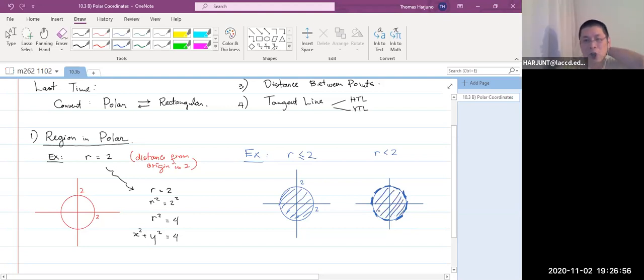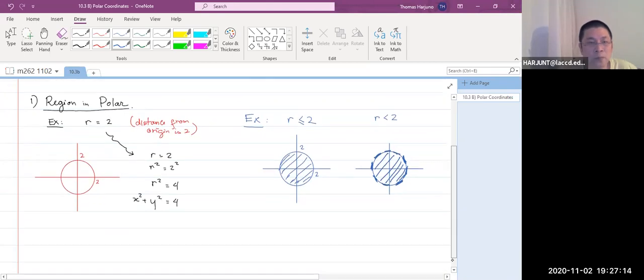Now, if I make the R greater than 2, for example, then you shade outside of that circle instead. Okay, so actually for us to do the region, we need to deal with the boundary first.